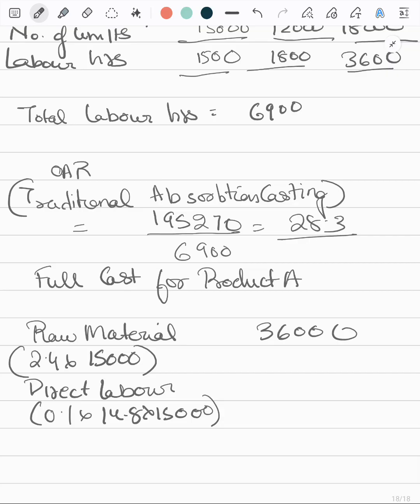So for 15,000 it will be 1500 hours, and per hour cost is 14.8, so 1500 would be multiplied by 14.8 and I would get 22200. So this is my prime cost.